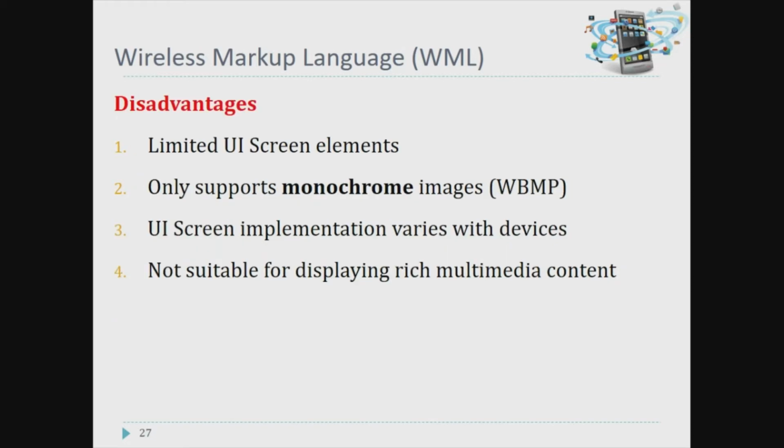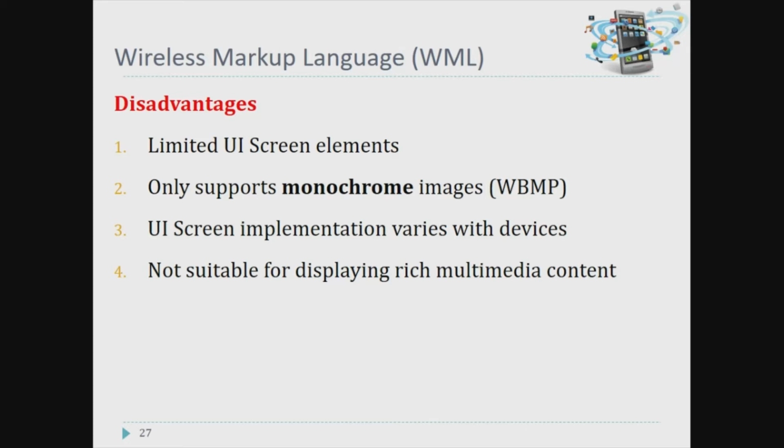How about the disadvantages? What is the drawback? Okay, number one, limited UI screen elements. Only certain user interfaces can be displayed. It is limited, not like the current interfaces that we have. Okay, during that day, limited. Number two, only supports monochrome images.